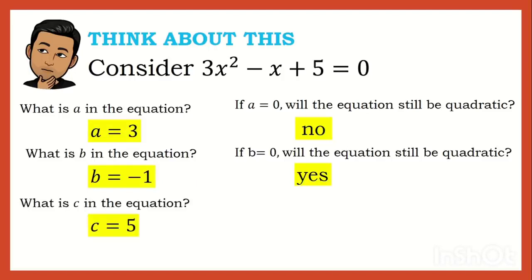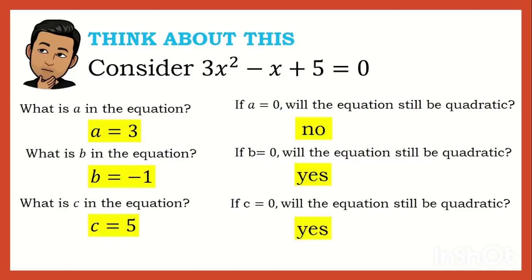That is 5. If C is equal to 0, will the equation still be quadratic? Yes. Always remember that a quadratic equation must have a second degree exponent. So, kahit na ang B at C natin ay mag-equal sa 0, that is still a quadratic.